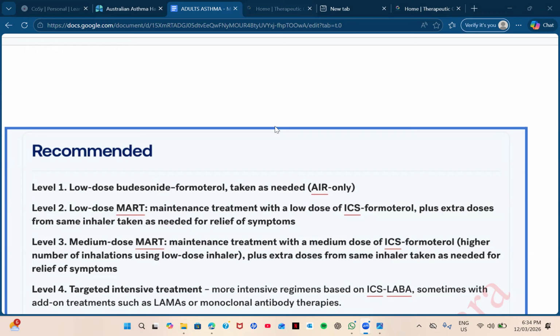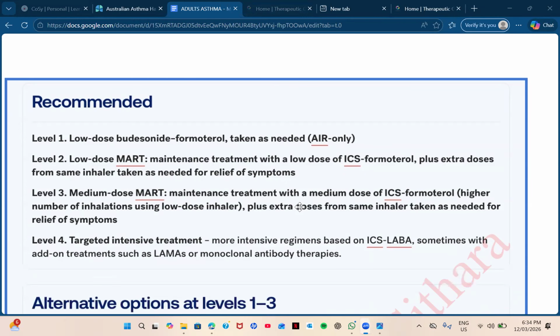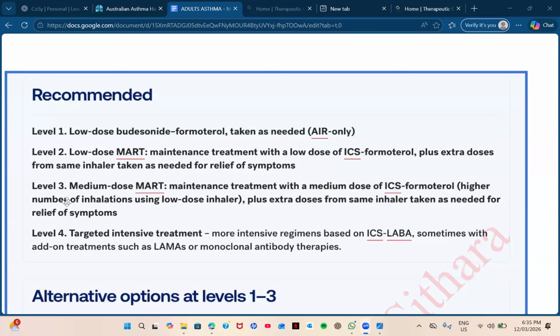What is that? Anti-inflammatory reliever. Okay, it's fine, no need to remember. I just asked because they have mentioned it.